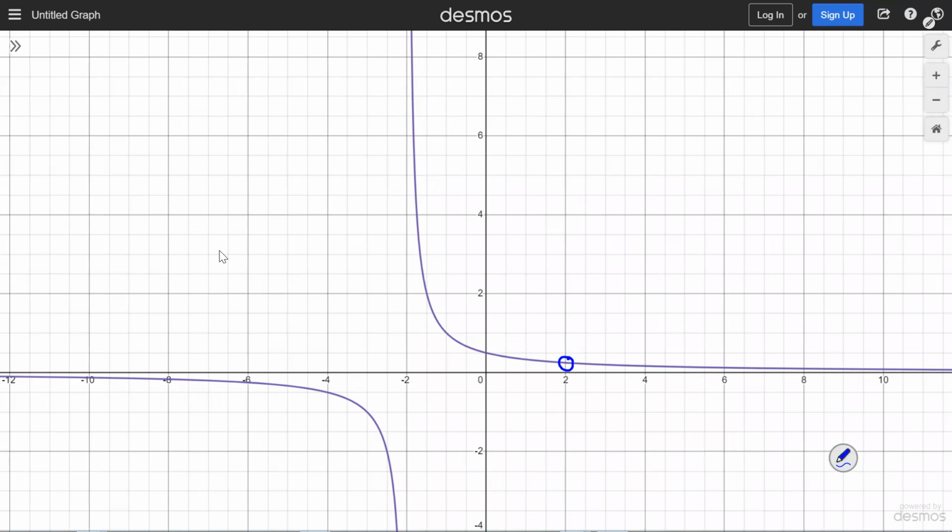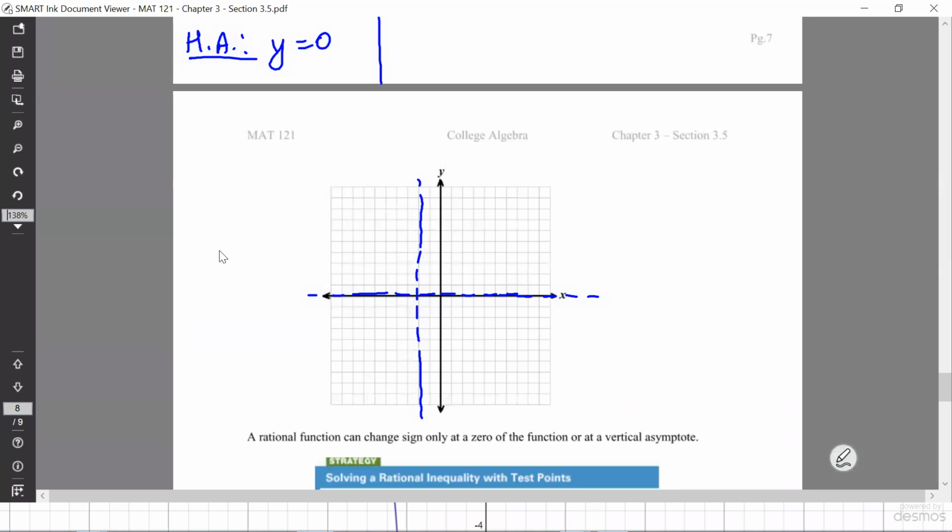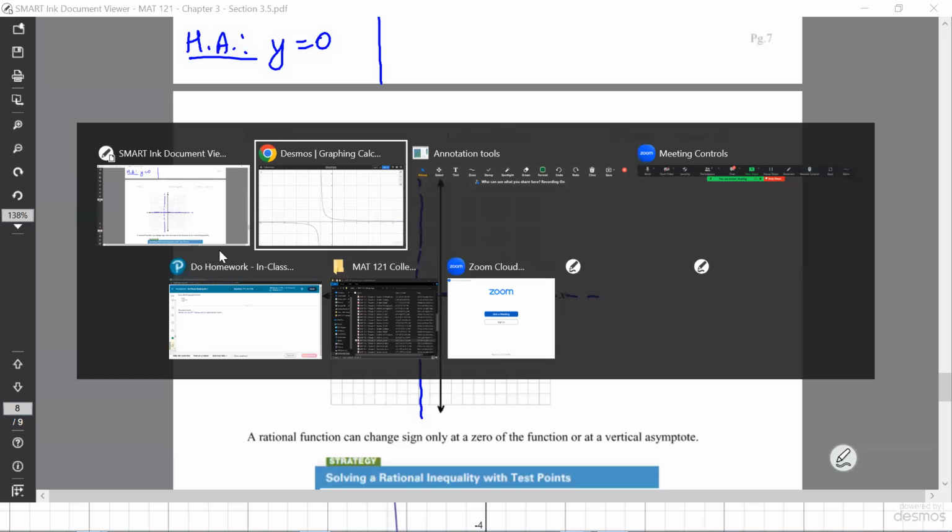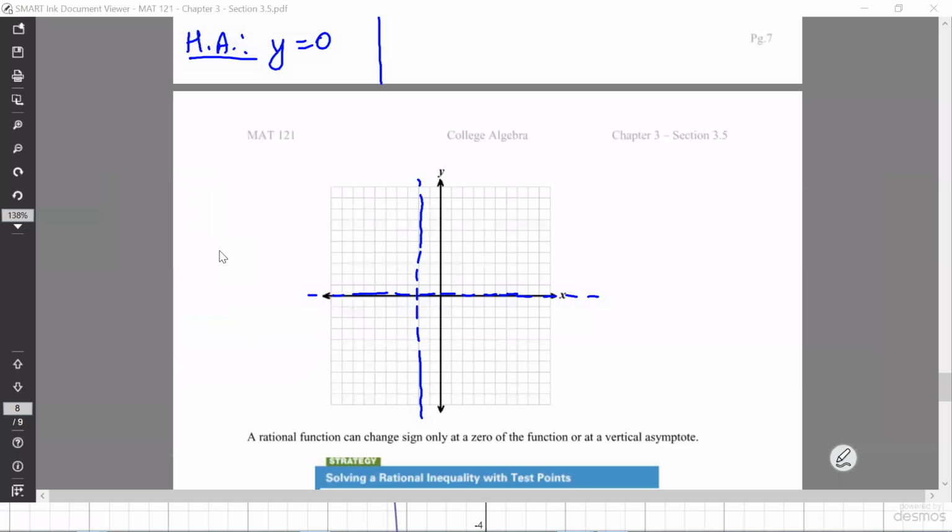So when we actually do this, I don't know what happened to my bottom line over there. So when you draw this, where was my graph? Okay.